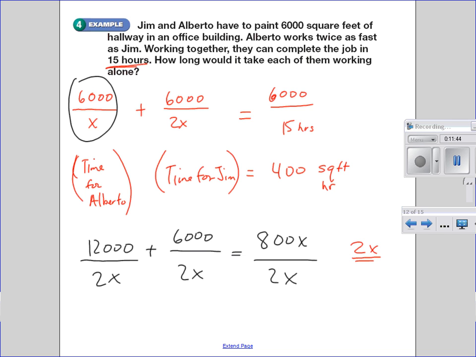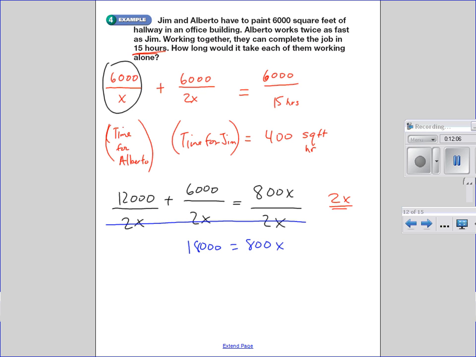over 2x. So now again, just like in our example number 2, the denominators are gone, and I get 18,000 equals 800x, and 18,000 divided by 800, okay, is x, the time it takes Alberto.